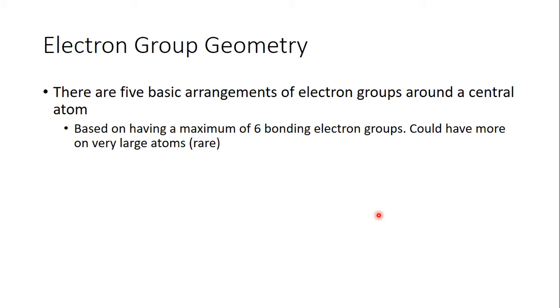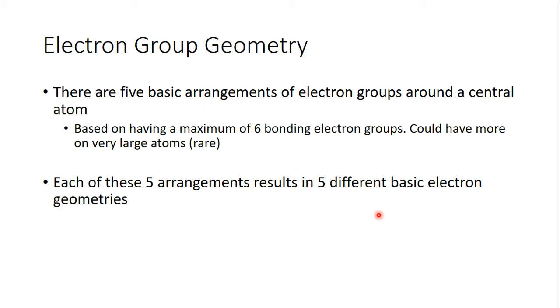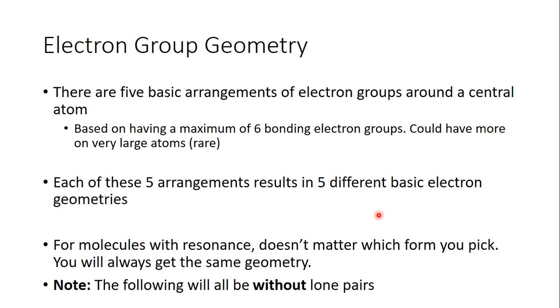In reality, it is possible to have more than 6 things binding, but that is extremely rare, so we're not going to look at it. These 5 arrangements will give us 5 different geometries to work with. Note that we won't be looking at lone pairs in this video. We'll look at the geometry when you have lone pairs in a future video.